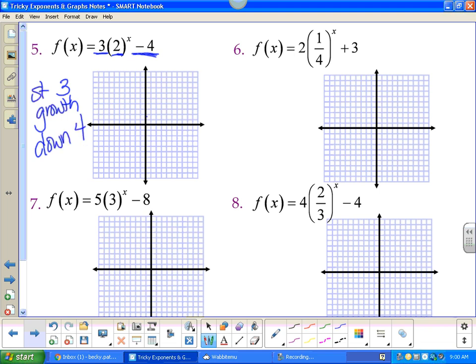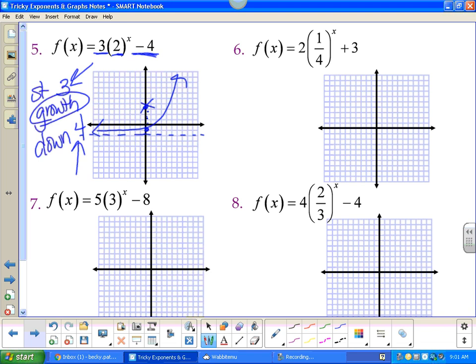So I start at 3, but then I get shifted down 4. 1, 2, 3, 4. Asymptote is 1 below it, and I'm growth. So this point ends up meaning nothing. But it was where I started. I start at 3, and then from there I go down 4.